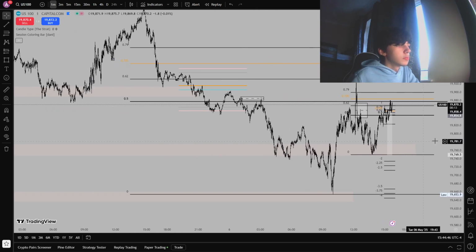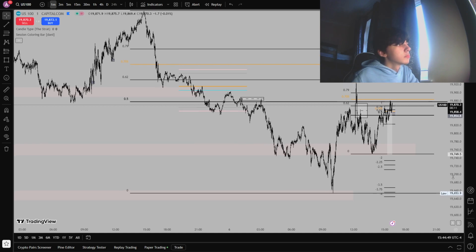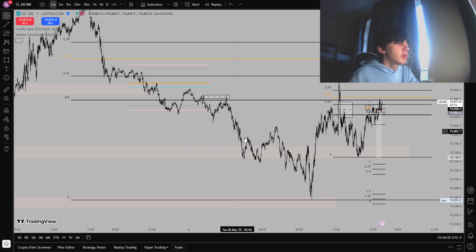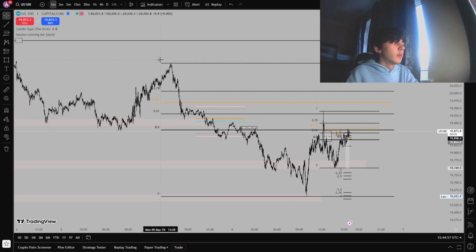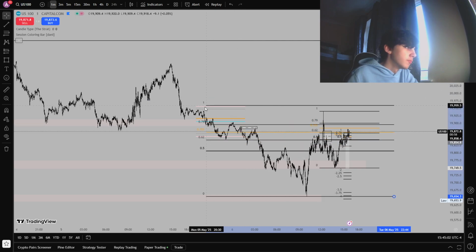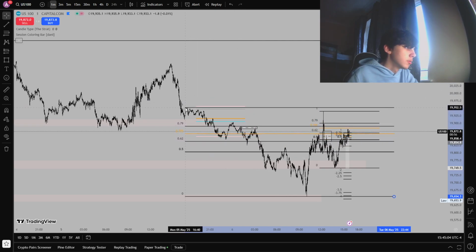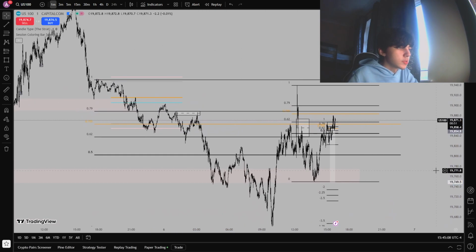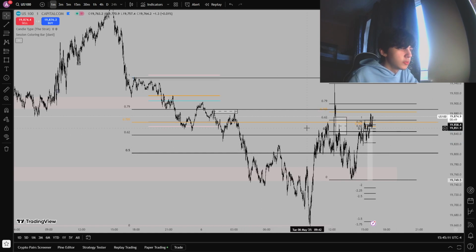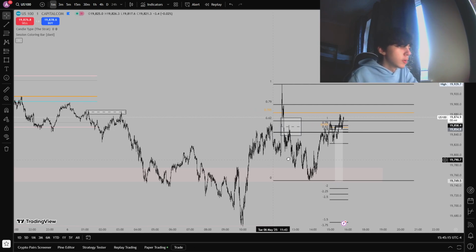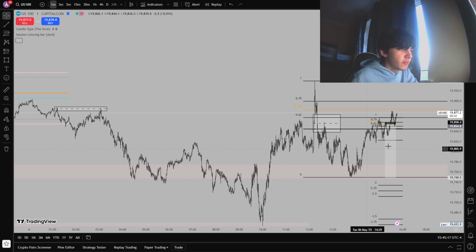How did I take this trade then? Oh yeah, right, forgot. Not really emotions, but I thought that we'd react from this range here because it's in line with the M partition. So when I saw that we touched into OTE, it was the 1050 macro.